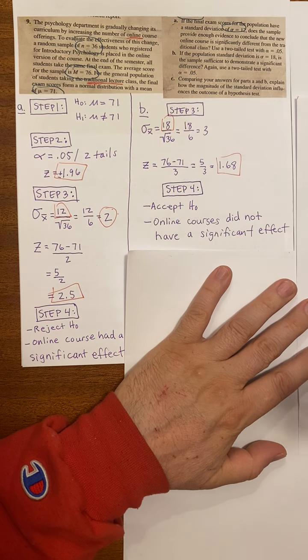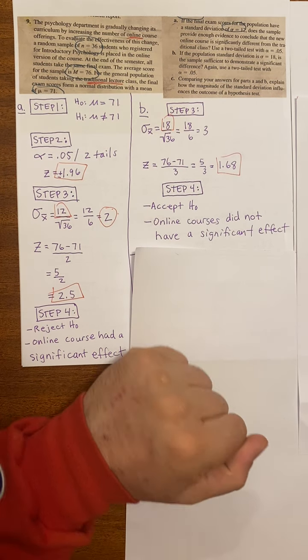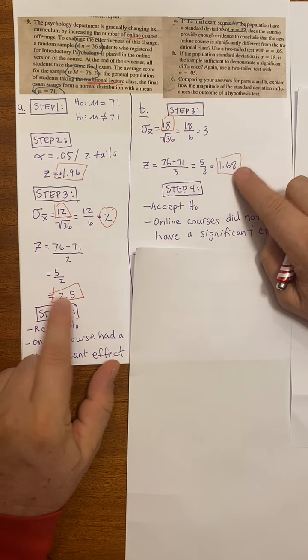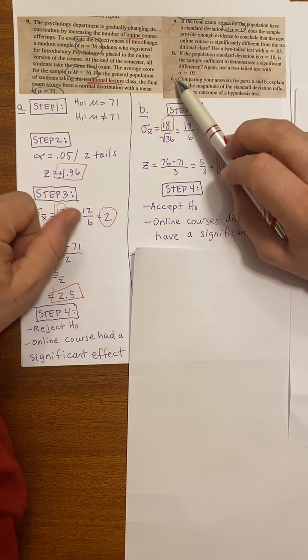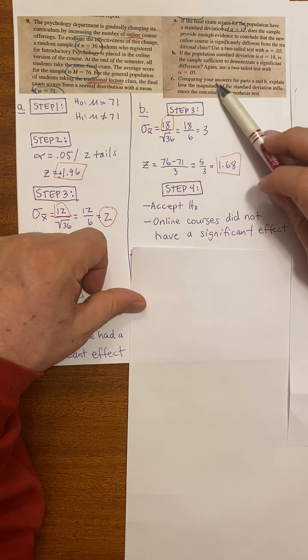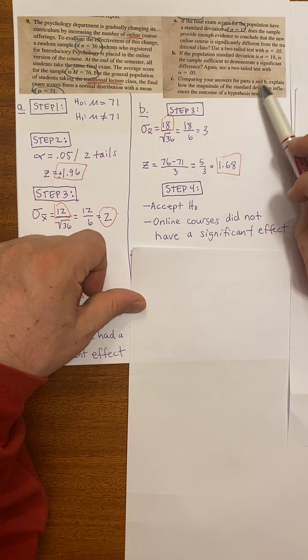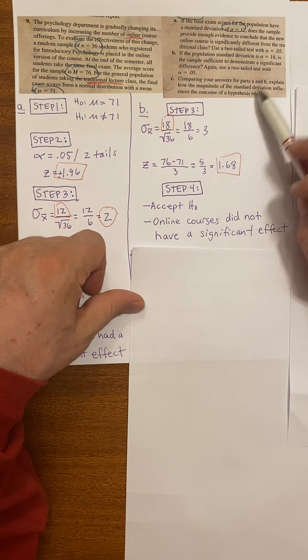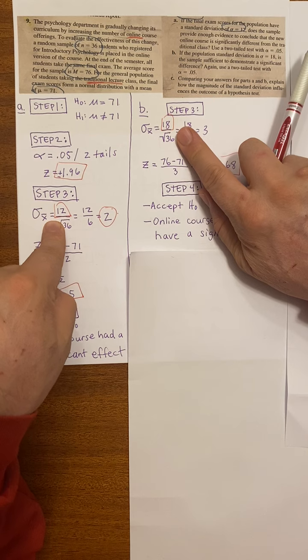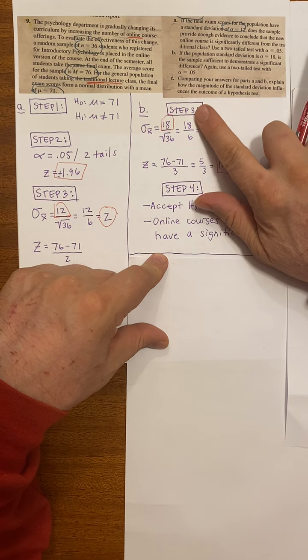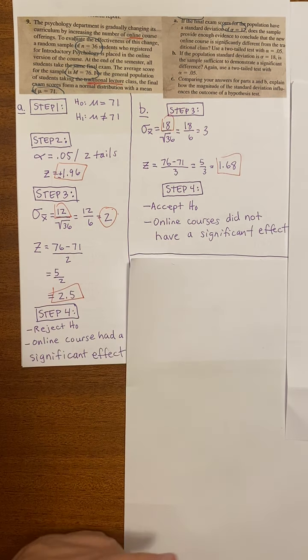And they're saying then that that's going to influence whether your treatment is effective or not. And that's what we're getting at in question C. Here it says, comparing your answers for parts A and B, explain how the magnitude of the standard deviation influences the outcome of a hypothesis test.